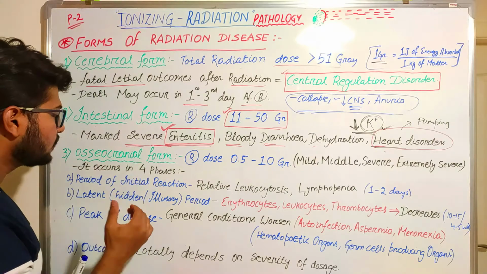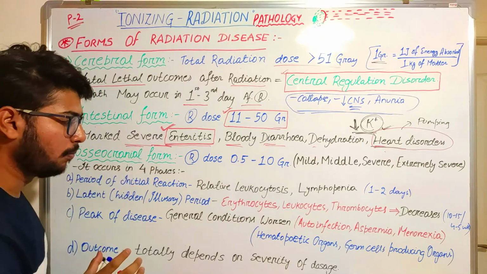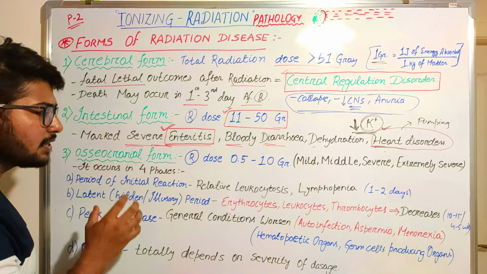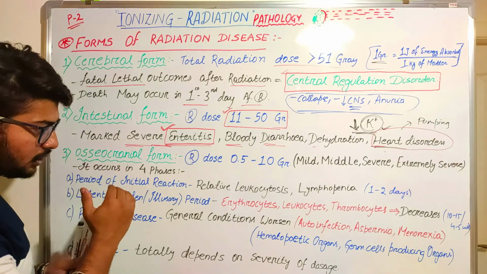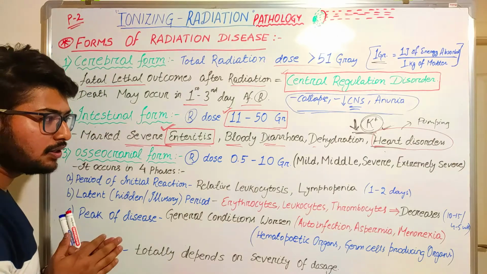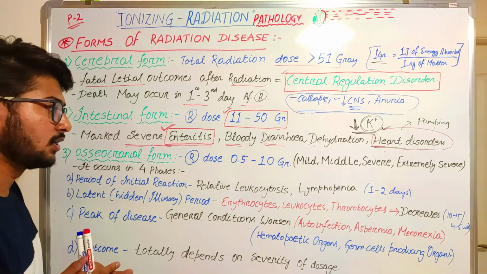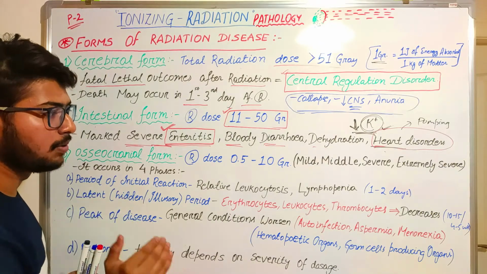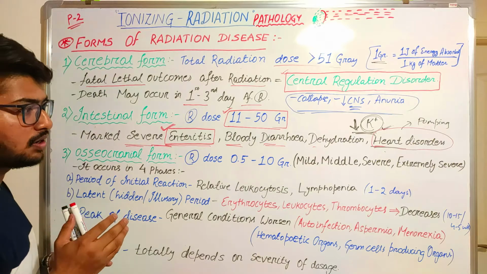Okay, next comes the osteocranial form. This is very specific, and in this case the effect of the radiation is certain, but death mostly doesn't occur, though the effect persists for a long period of time, around 5 to 6 months.